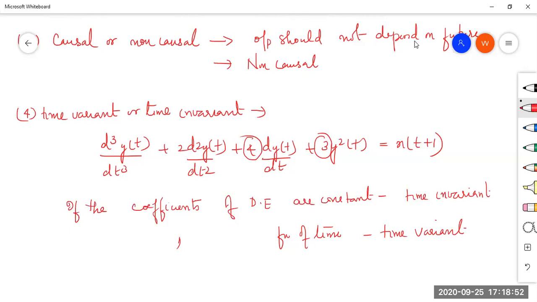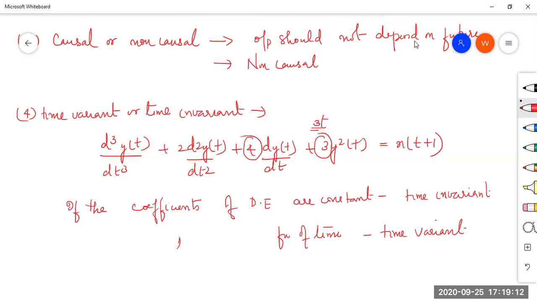Or instead, imagine if you are having a 3t term here. In such cases, when you have a t term coming as a coefficient of any particular term in the differential equation, then you can say it is a time variant system.